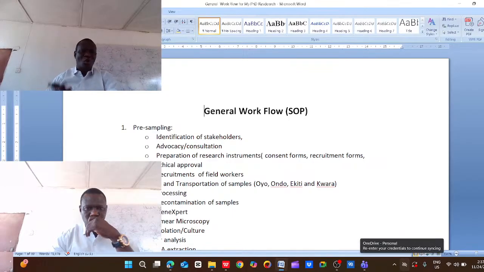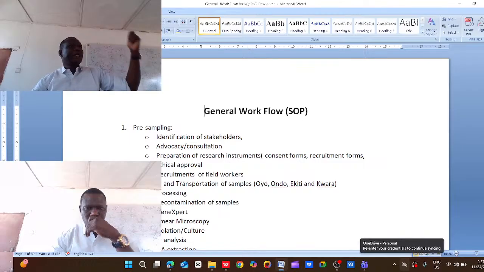After you must have done that, you proceed to the second aspect, which is collection of samples and transportation of the samples to your laboratory. How will you collect from their community, or if you are recruiting them from hospitals, how you collect their samples is very important.